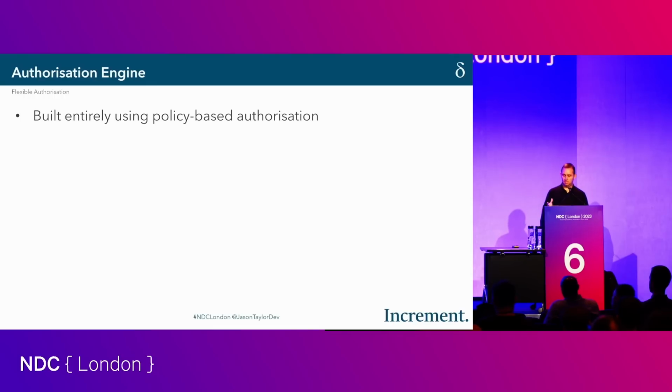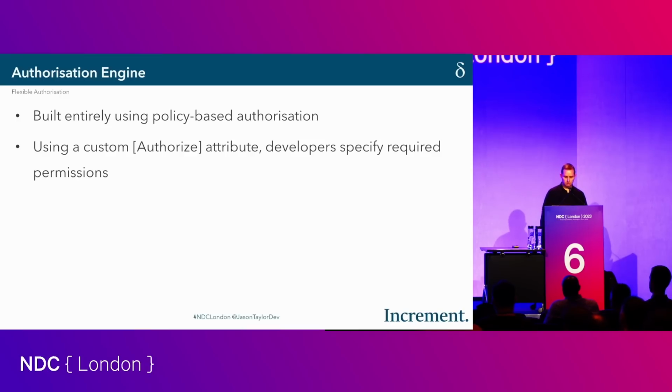The authorization engine, as mentioned, is built entirely using policy-based authorization. We saw an example of an authorization policy. It was the employees-only policy, which required the user to have an employee number claim. Well, we're building dynamic policies to suit the permissions required.